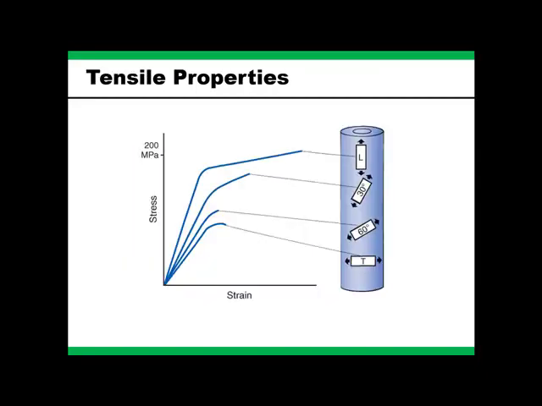So when you look now at tension, okay, tension, that other graph was compression. Most bone is tested under compression, because it's built for compression more than anything. Our tension looks similar, but the stress is not going to be as great because it's not as strong in tension.